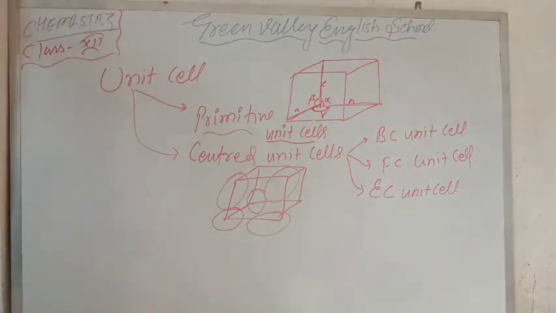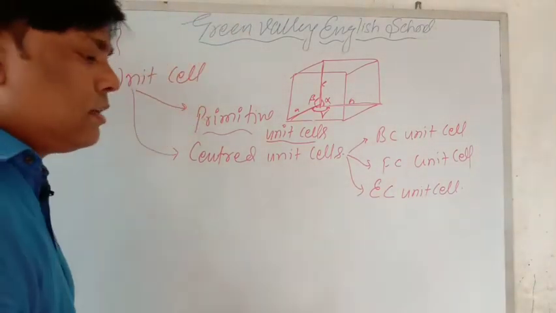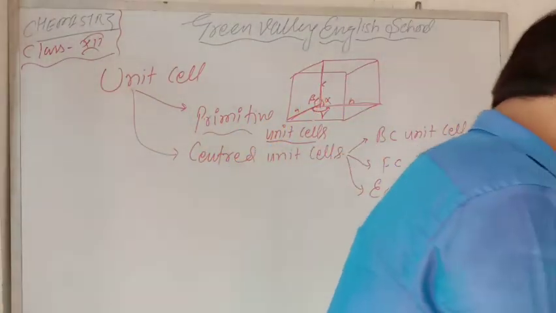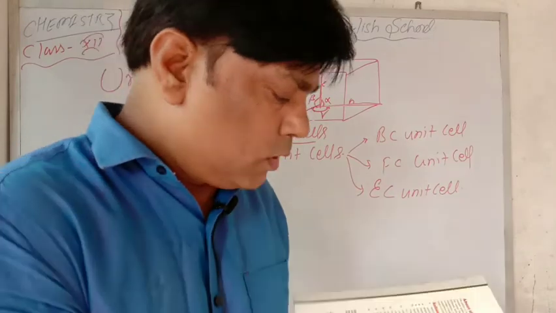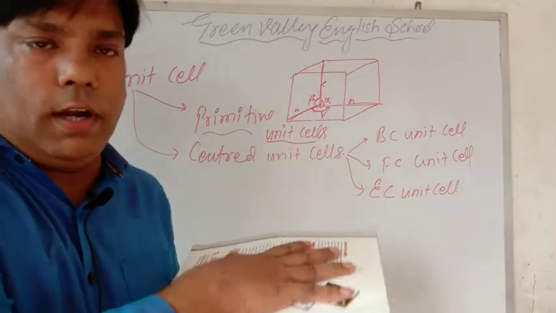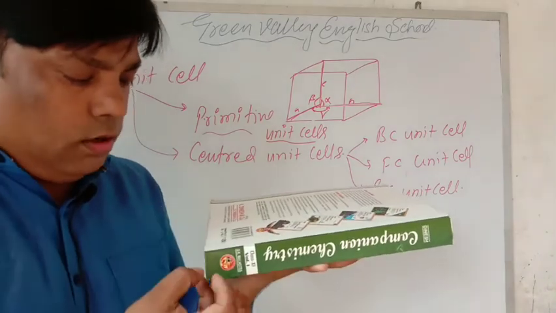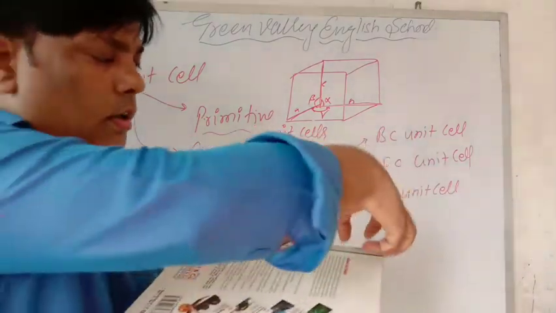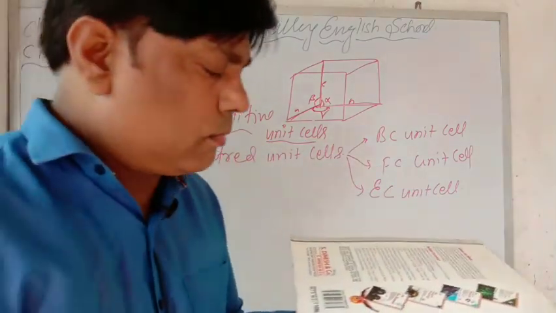Now, what is a face centered unit cell? Suppose that is our unit cell. One atom is here, one atom is here, and at each corner there is one atom.